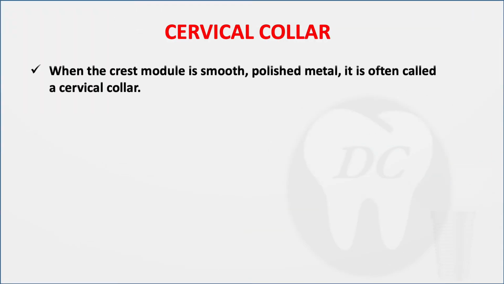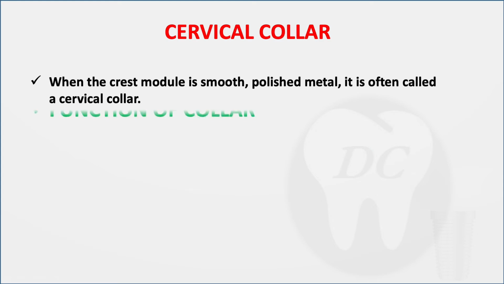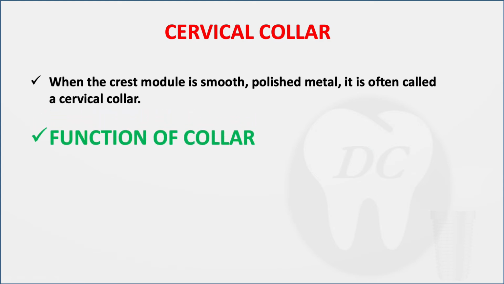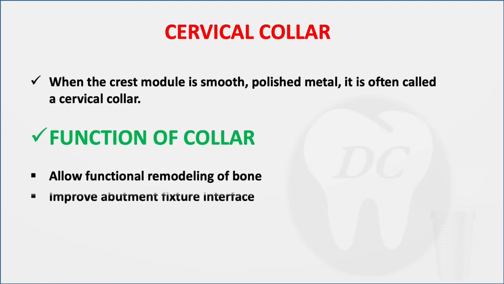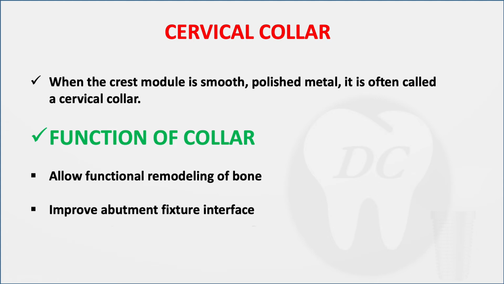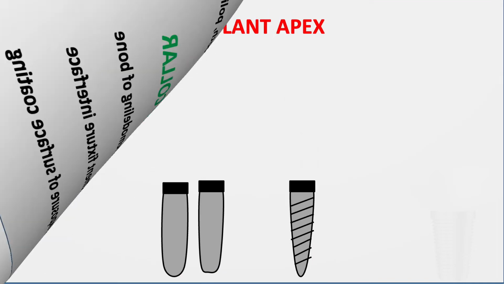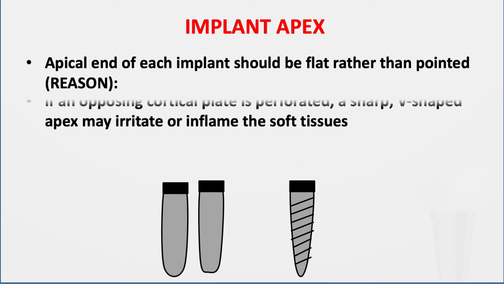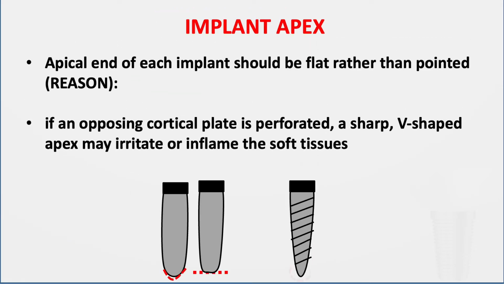Cervical collar: when the CREST module is smooth, polished, matte, it is often called the cervical collar. Function: allow functional remodeling of bone, improve abutment fixture interface, prevent exposure of surface coating. Then apex of the implant, it should be blunt, not sharp.